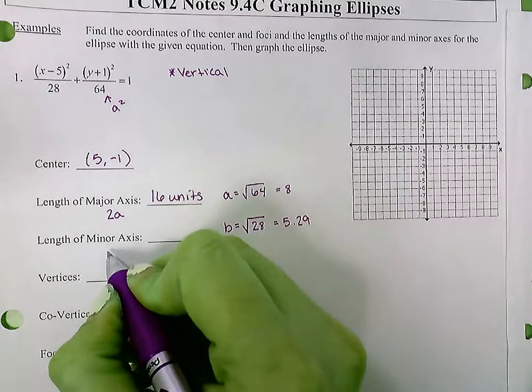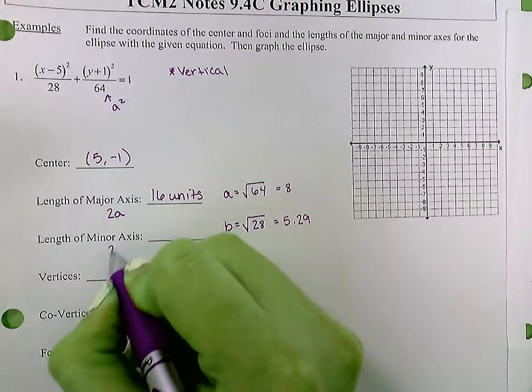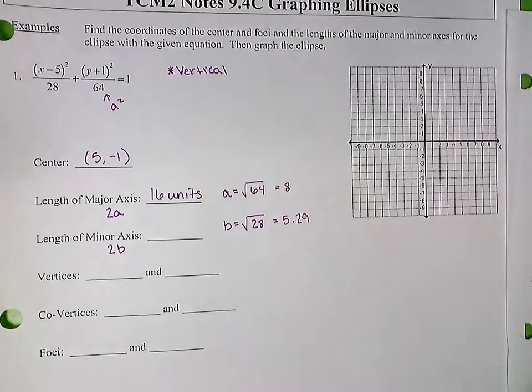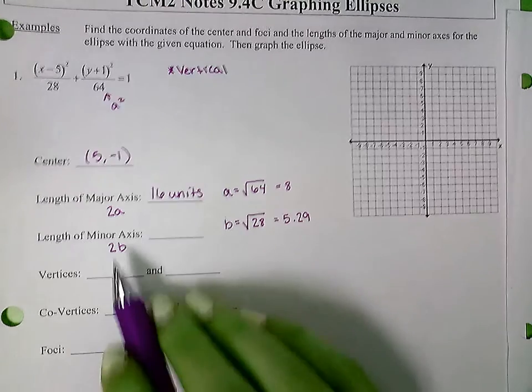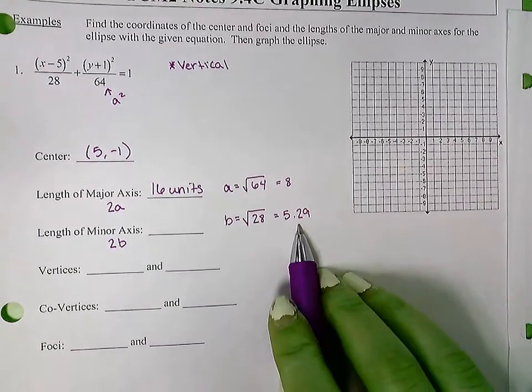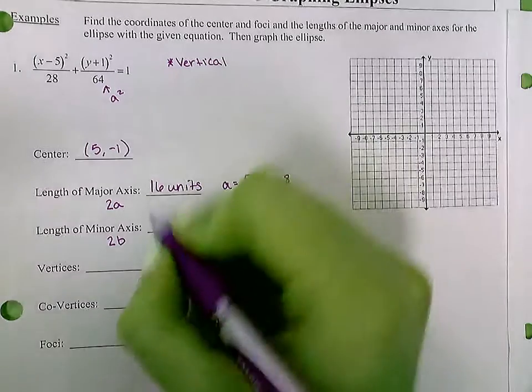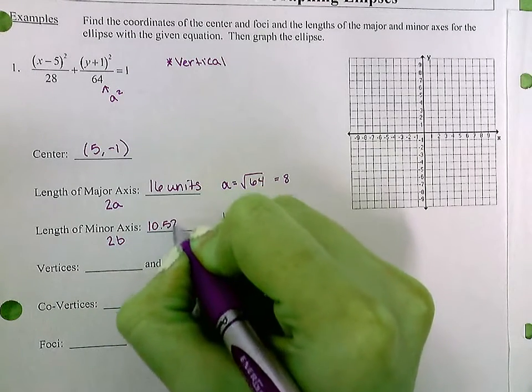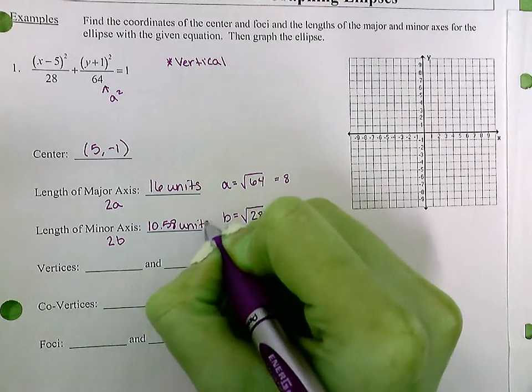Now the minor axis, you're taking 2 times b, just like for the major axis we took 2 times a. So I'll multiply 2 times 5.29. That is 10.58 units.